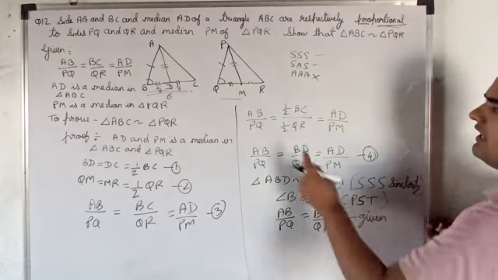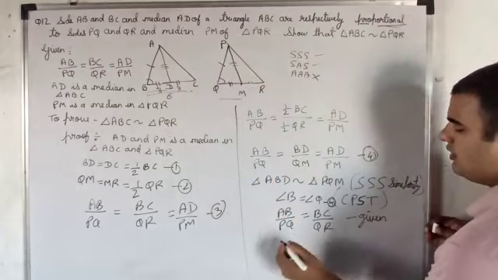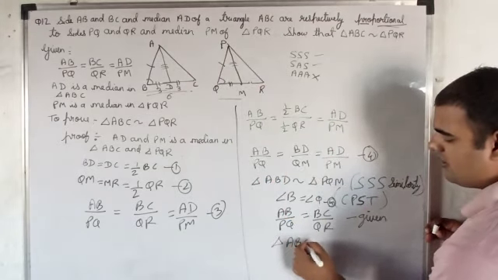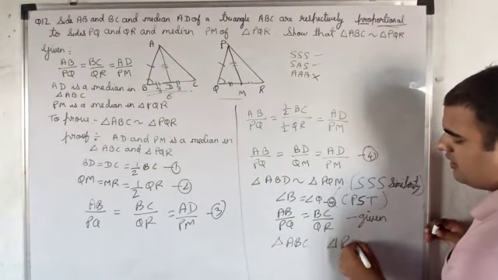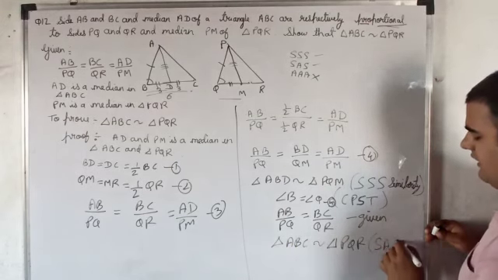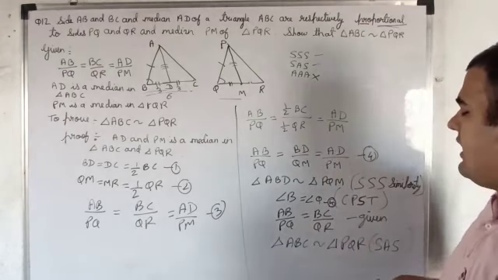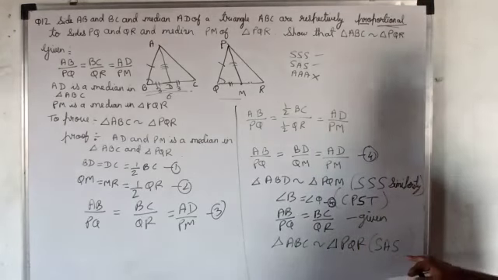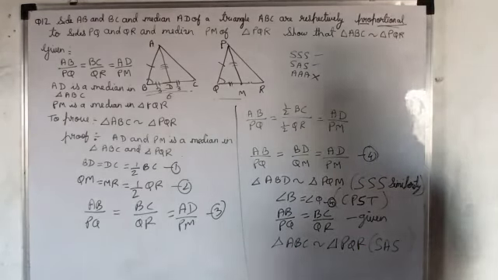So can you say triangle ABC and triangle PQR are similar by which criteria? Side angle side. Okay, they are similar by side angle side.